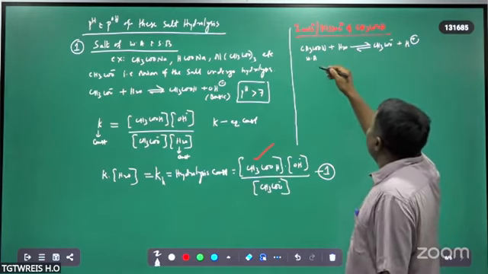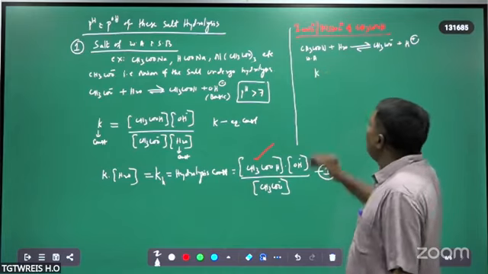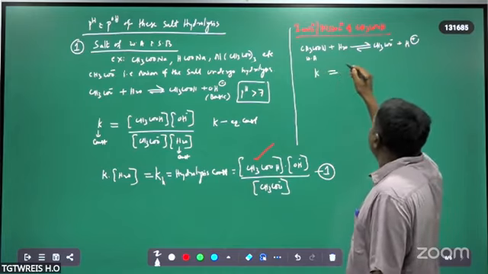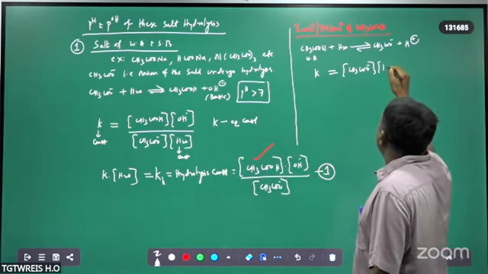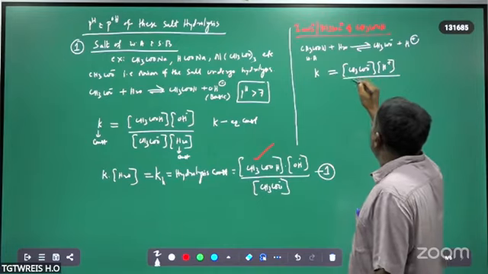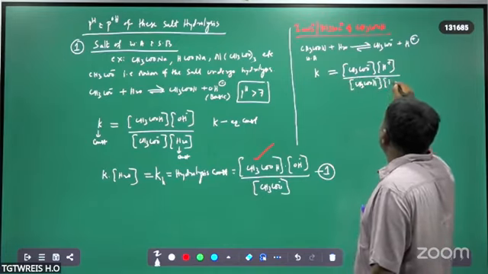Let us apply equilibrium. The equilibrium constant K is equal to acetate anion into H plus divided by acetic acid into H2O.